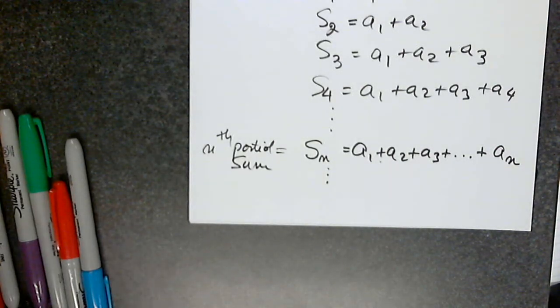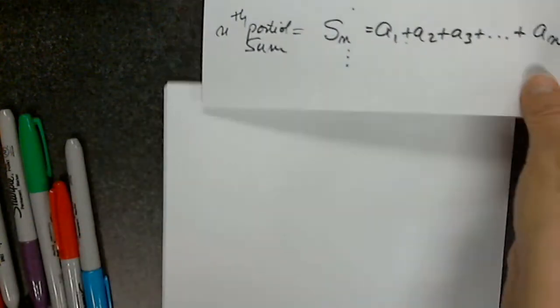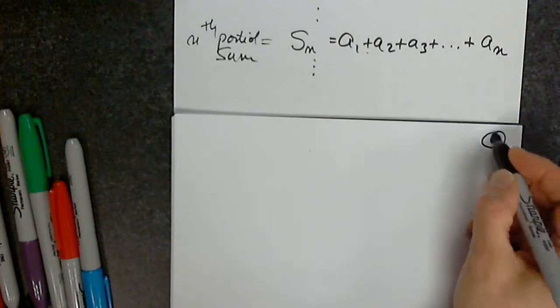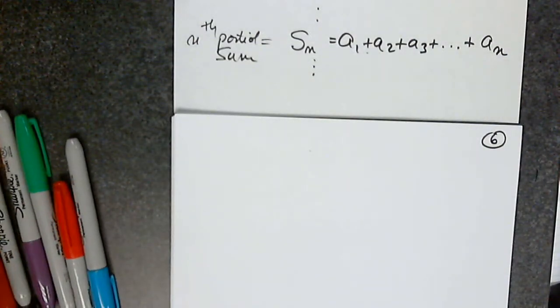And now I'll go to, again, page 793. Problems 37 through 40. We'll have applications of this, and you'll see they're quite interesting. Find the first four partial sums and the nth partial sum of the sequence.